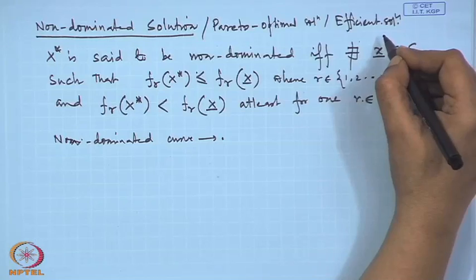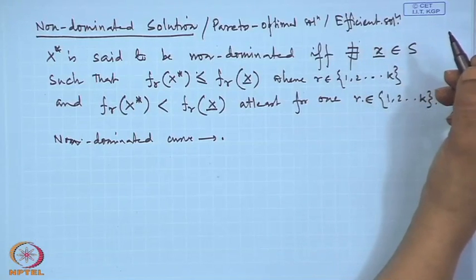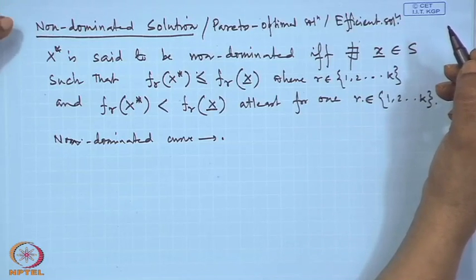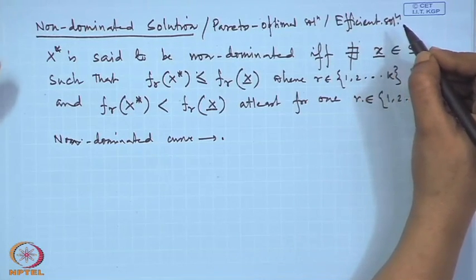Economists prefer Pareto optimality, and management scientists prefer the term efficient solution. But in general, in the literature, efficiency refers to the decision space, while dominance refers to the criterion space.